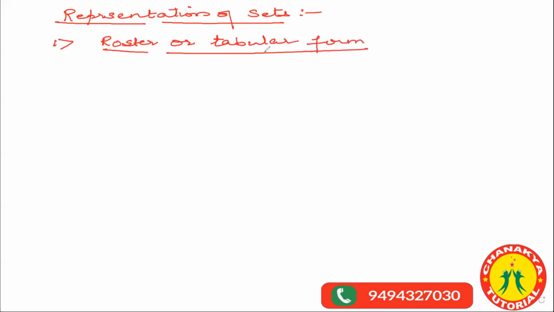Roster or tabular form. Clear? In this form, we write all the members of the set within curly brackets, and we separate them by using a comma. Suppose I'm writing a set A: 2, 4, 6, 8. So this is your roster form, or tabular form.